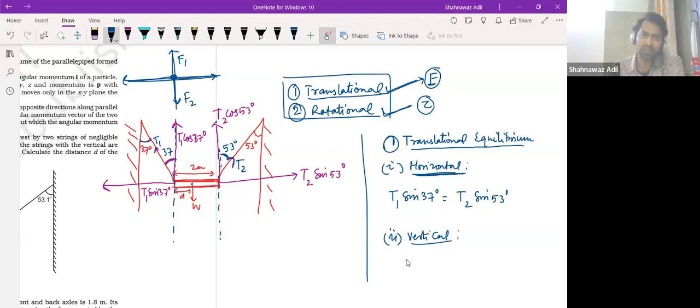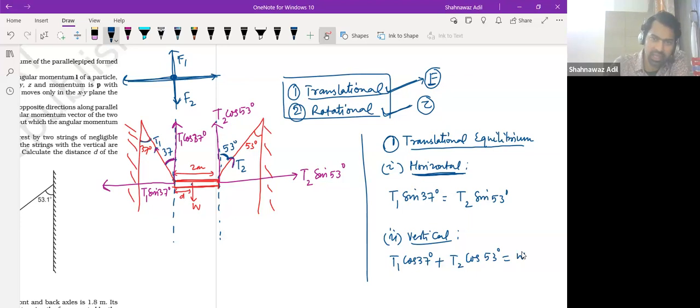What is the total upward and what is the total downward? T1 cos 37 plus T2 cos 53. So this is the upward, and downward is equal to W. So this is the translation equilibrium, right, guys?